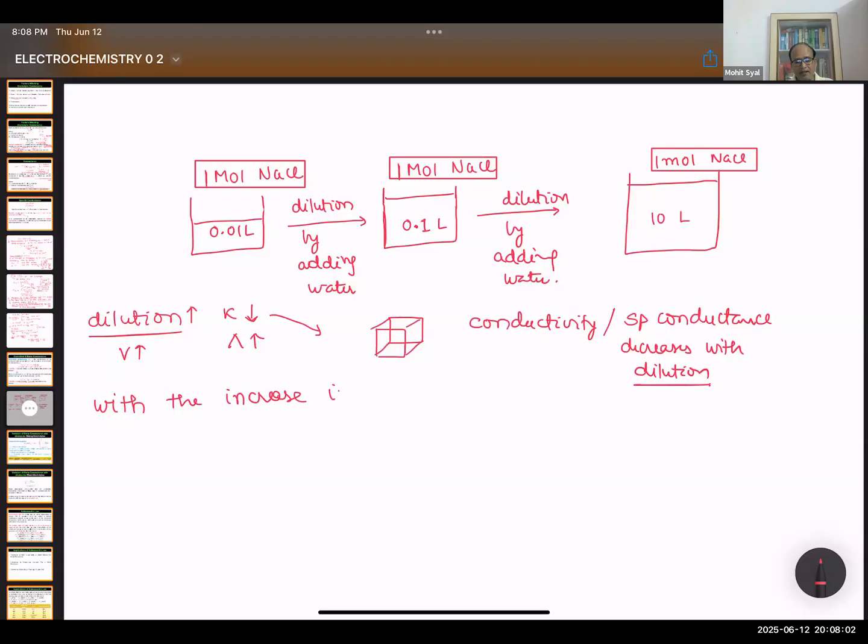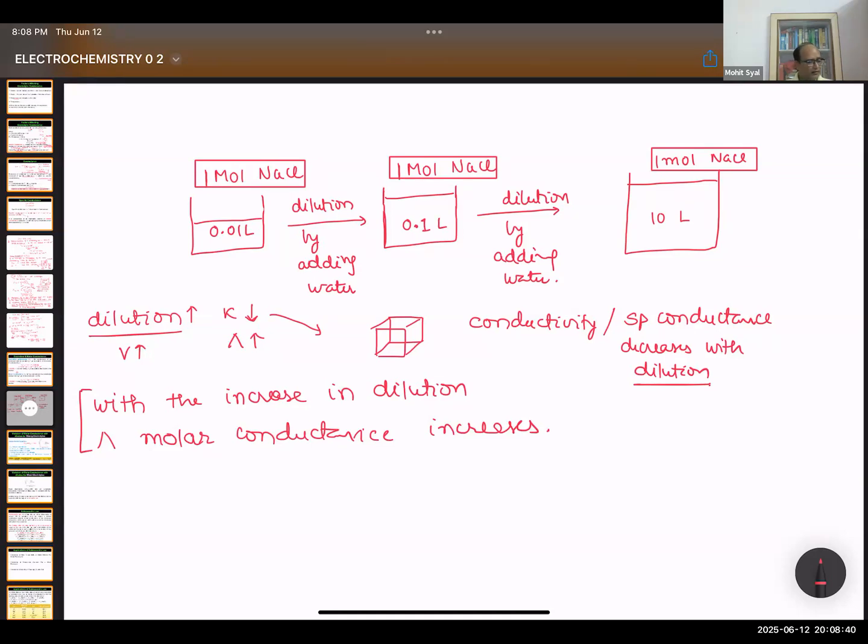So with the increase in dilution, when you are putting more and more water, molar conductance increases. So Jasleen, Aisha, can you tell me why the molar conductance increases though you have just 1 mole of electrolyte? What could be the reason?